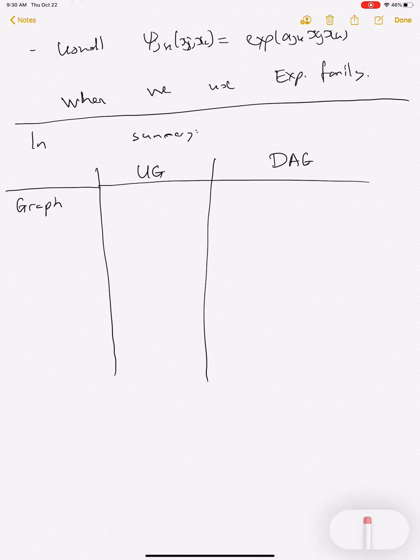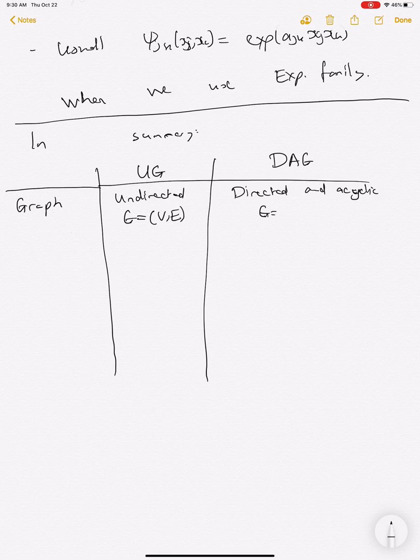So the graph here, this is undirected, G equals (V, E), and this is directed and acyclic, G equals (V, E). So the notation looks the same, but the edges are directed, and we also have the acyclic structure.